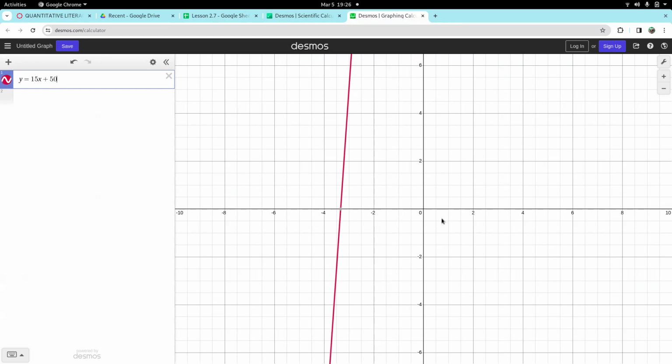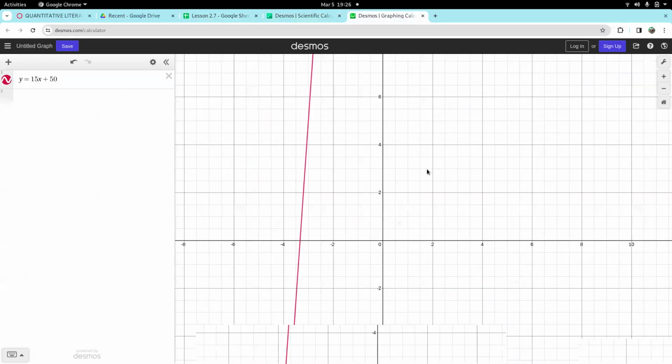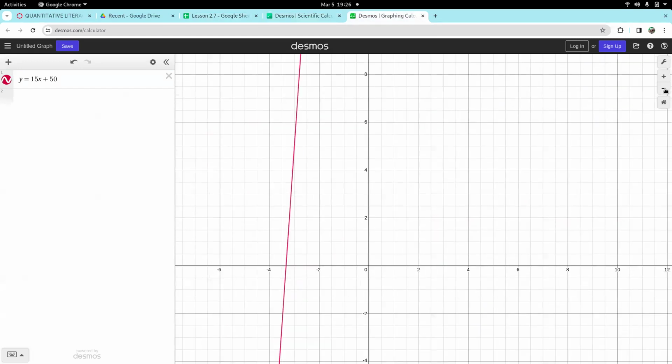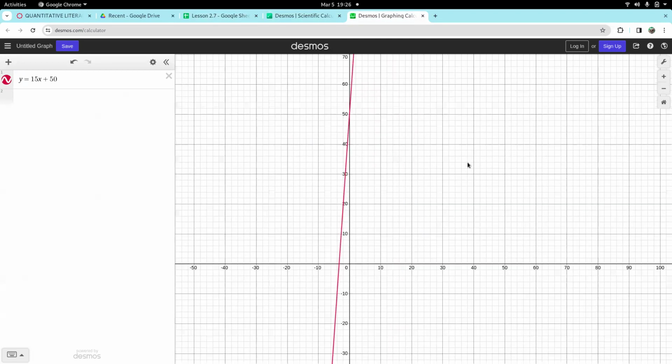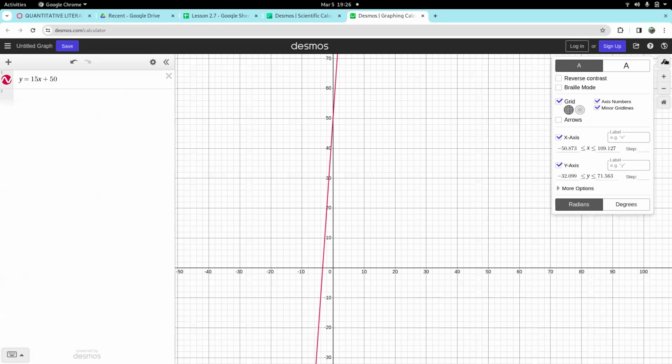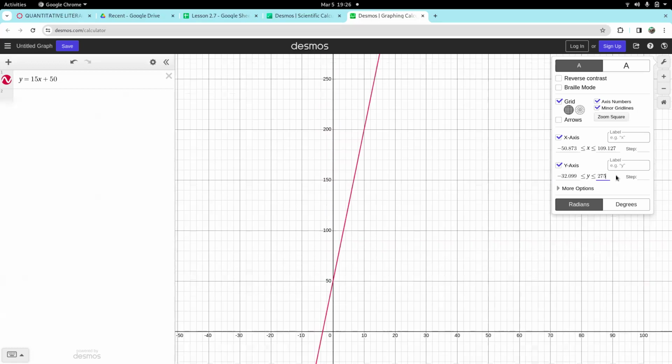Now, notice the scale it chose starts at 0, so that's not an appropriate scale. So sometimes what we'll have to do is click on it and we can move it around. And then we can zoom out. And if that zooming doesn't work, then you can go to the wrench and change things. Like I know I need to get Y up to 300-ish or 275, so you can just type that in there and it'll rescale.